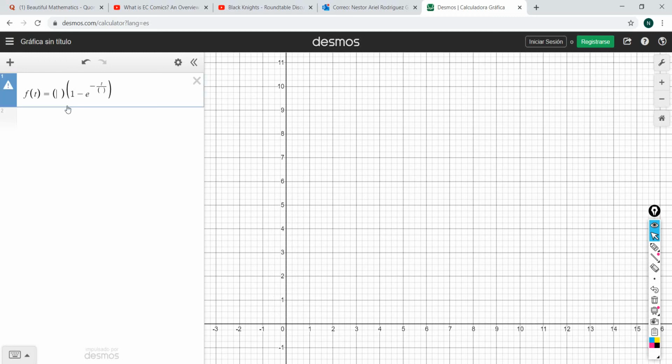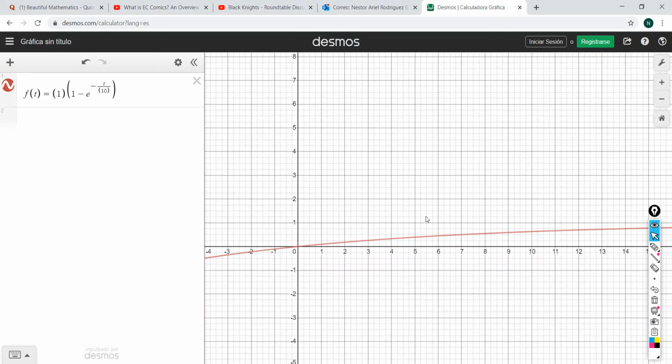Let me first keep this constant C2. I'm gonna put 10, and I'm not gonna touch it anymore. The only one that I'm gonna change now is this one, C1. I'm gonna vary it. First I'm gonna write 1. Let's see what happens.